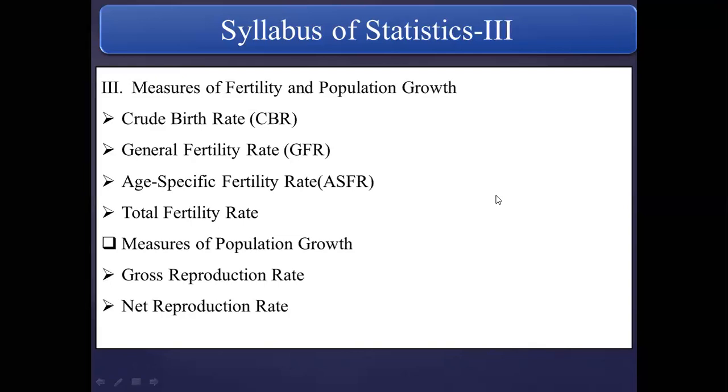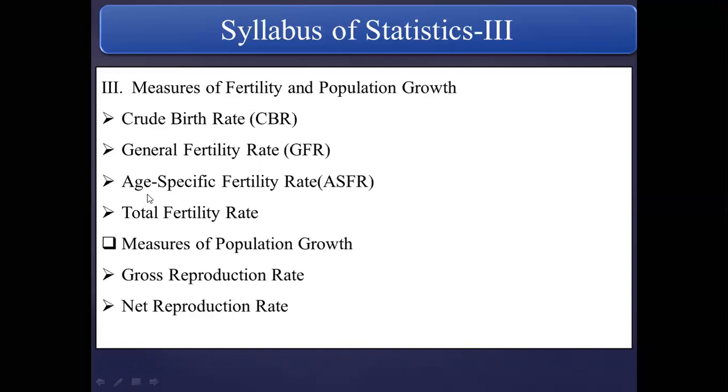Because when you find the birth rate per thousand population, ultimately you include males also. But in general, we can say that males cannot produce a child, so we have to ignore males. And that is why the new concept is very important for us, that is the general fertility rate.